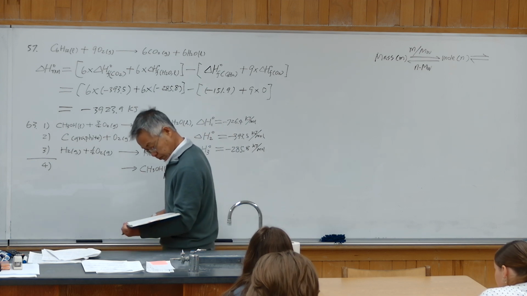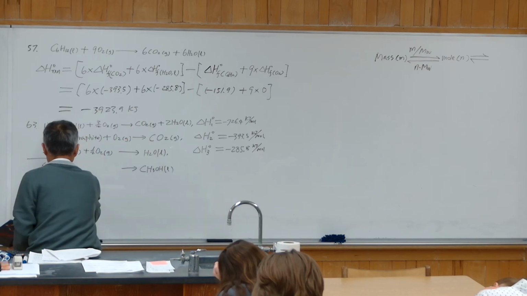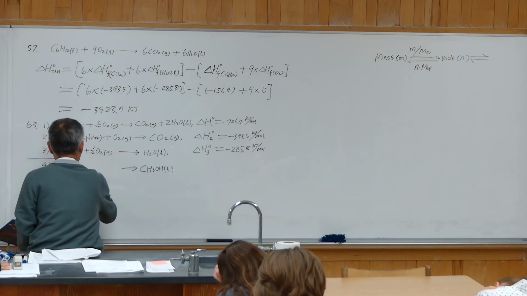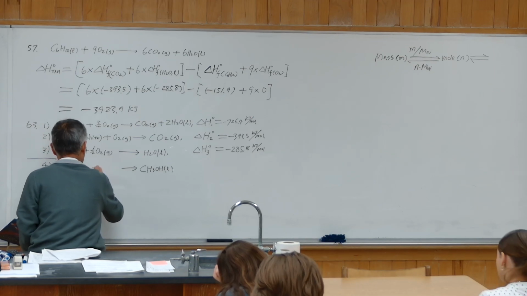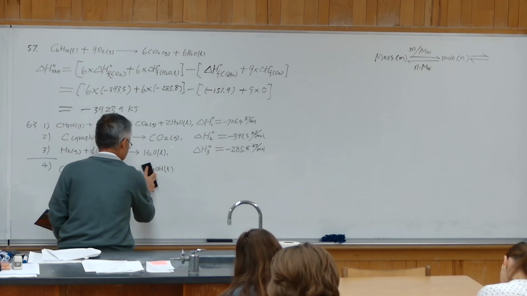So this equation is carbon, of course graphite, not diamond, plus hydrogen gas and oxygen gas, producing methanol. We need more space, sorry.